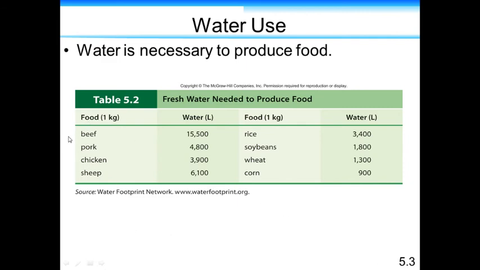Beef is one of the highest energy and resource intensive animals to raise. If you want to be more sustainable and environmentally responsible, you'll try to limit your intake of beef as much as possible. It's also much better for you health-wise.